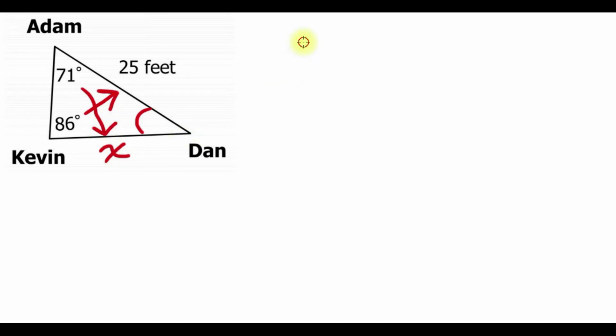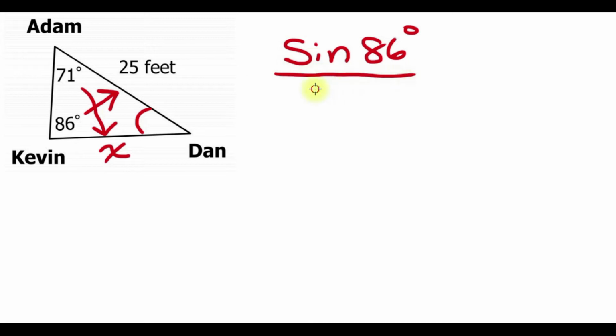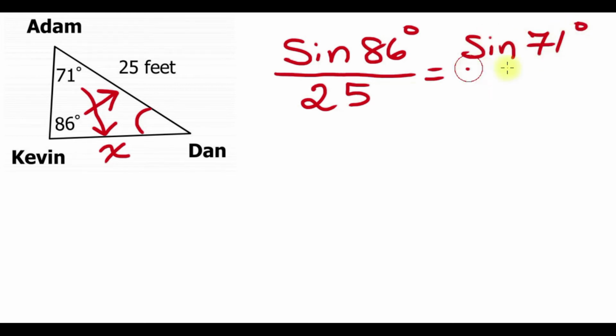Okay, so we can set this up as sine 86 degree all over 25 is sine 71 degree all over x. So this is the law of sine, and we used it to set up a proportion that we can solve for x, which is the missing side.